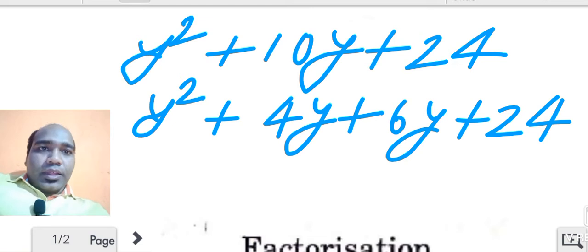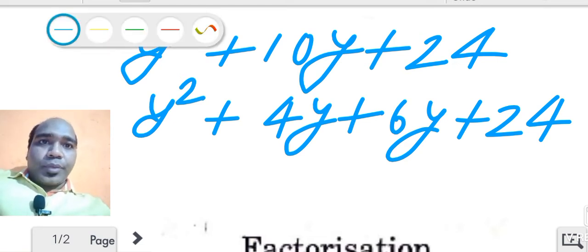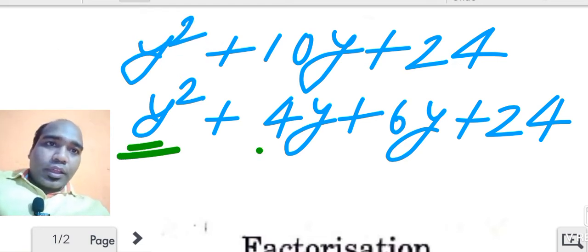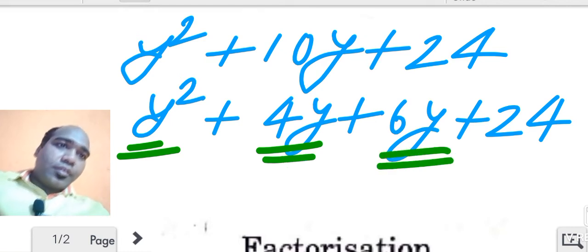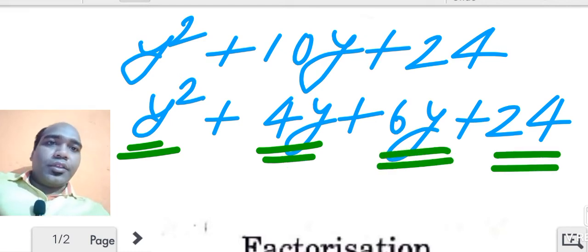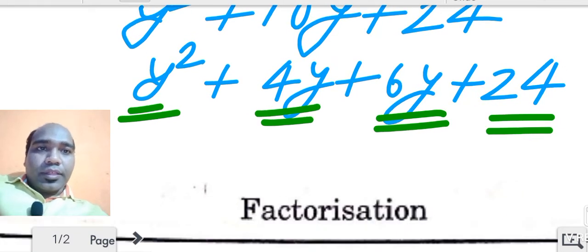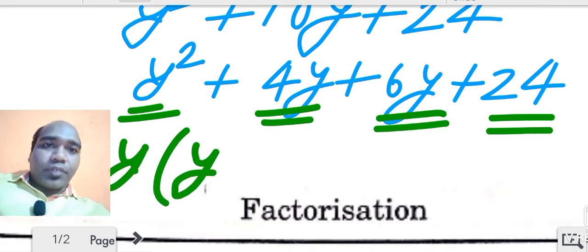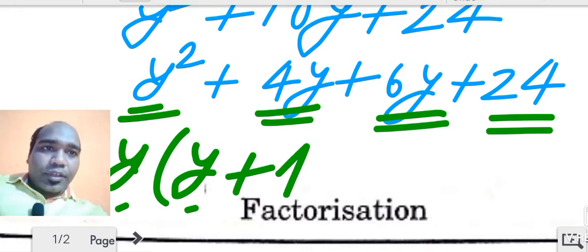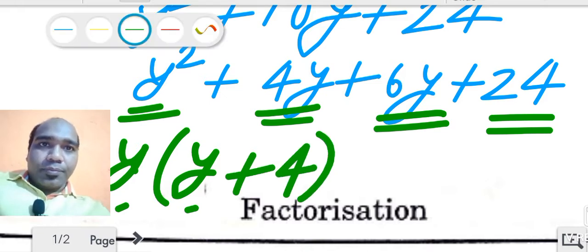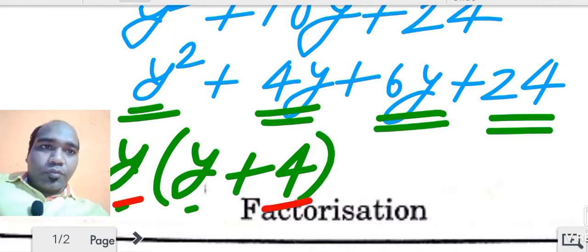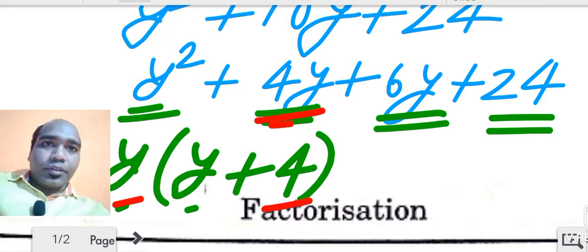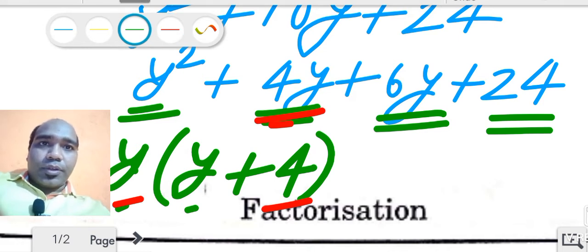Now again we'll take two pairs: y square and 4y together, and 6y and 24 together. Then we'll take y common. Inside the bracket we get y into y, y square, plus y into 4, 4y only. Okay, so this part we have done.